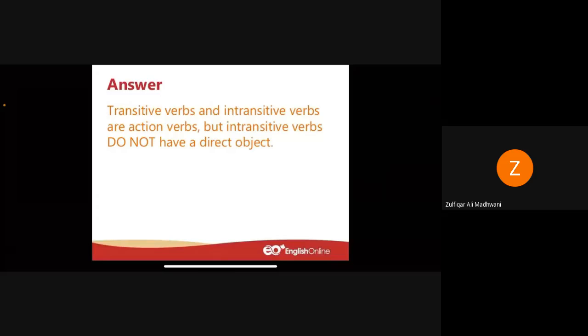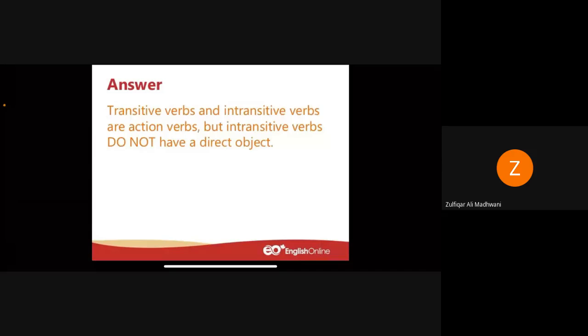Okay, but how did you find out the object? You know Ludo is the object, but in all sentences, what is the trick to find out the object? The trick is you have to ask the question what. And one more question is whom. When you ask the question what, you will get the direct object.